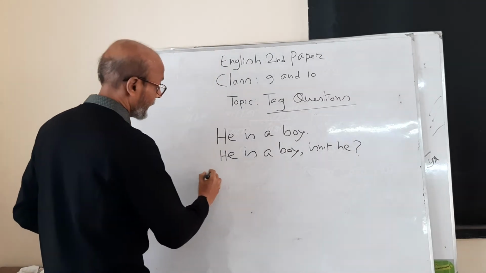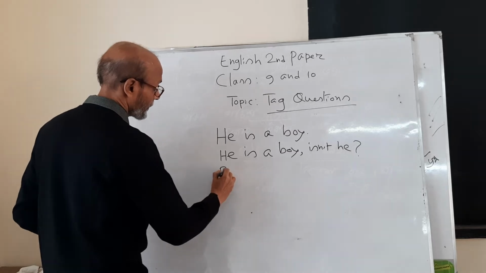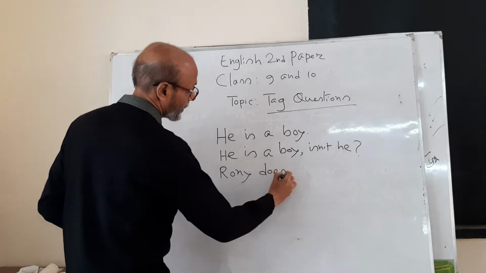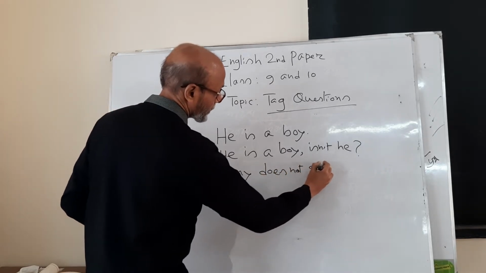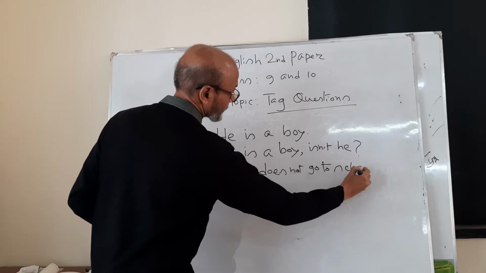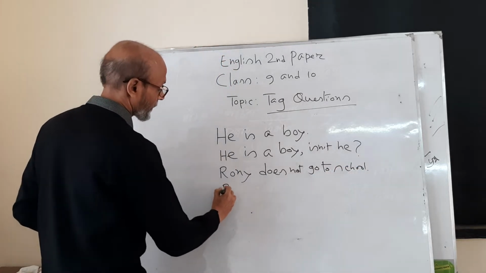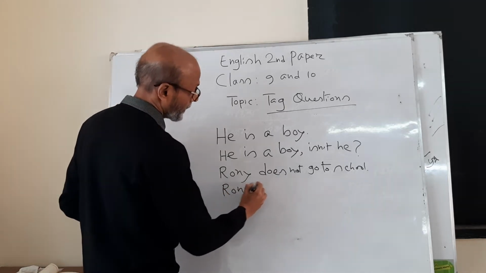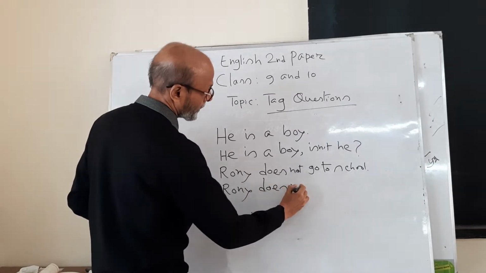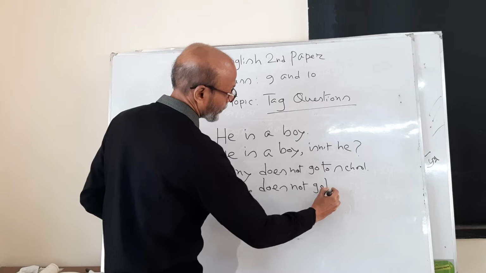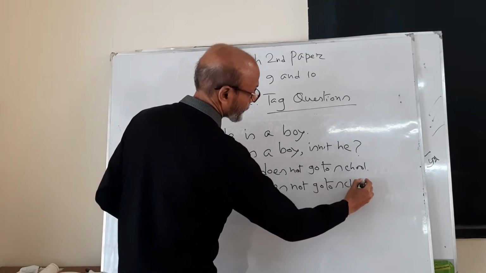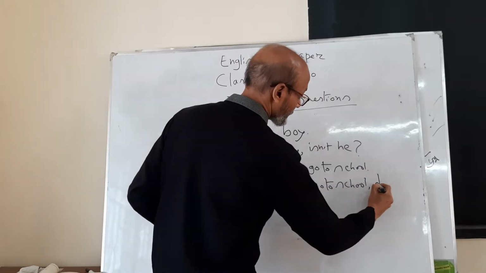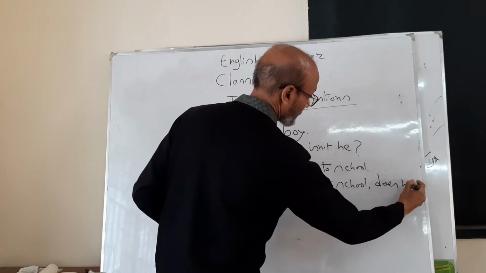One more example, we can say, "Ronnie does not go to school." For the tag question, we make it "Ronnie does not go to school," here you have to use the comma, "does he?"